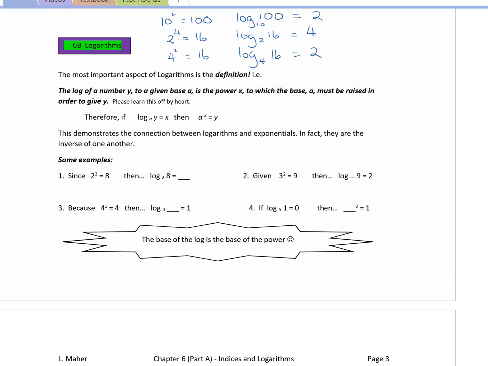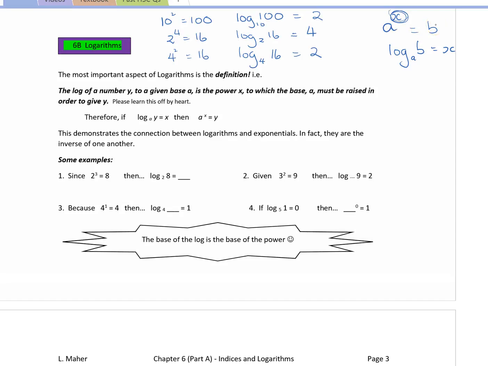Where that's really going to help us is when we've got a to the x, and we want to know what that x is. If a to the x is equal to b, I can take the log of b to base a and it gives me x. So logs and indices create the reverse operation to one another. And secondly, taking the log of a particular number enables me to find a power.